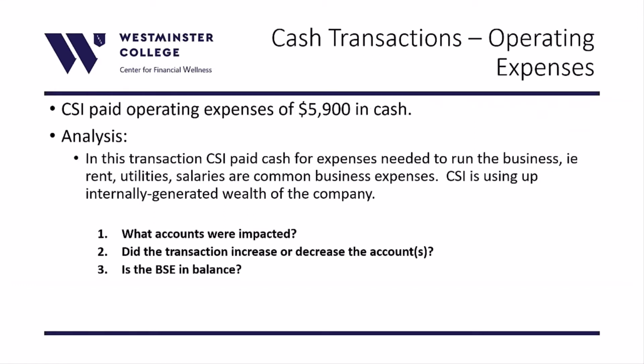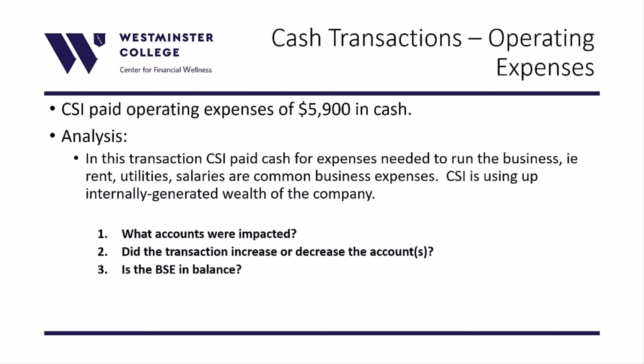Okay, CSI paid operating expenses of $5,900 in cash. Okay, so looks like now that CSI is in operations, it will not only produce wealth through operations, but it's also going to need to pay business expenses in order to stay in business. For example, a company may need to pay rent and utilities for advertising.